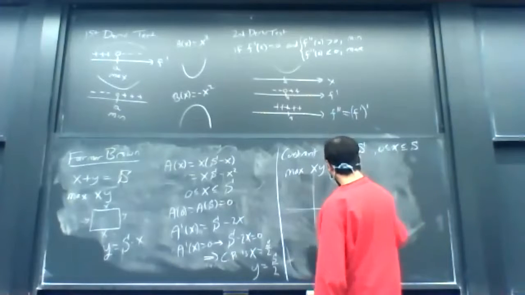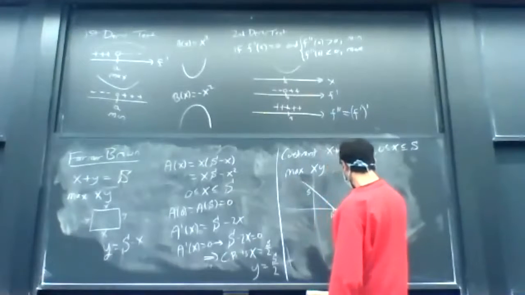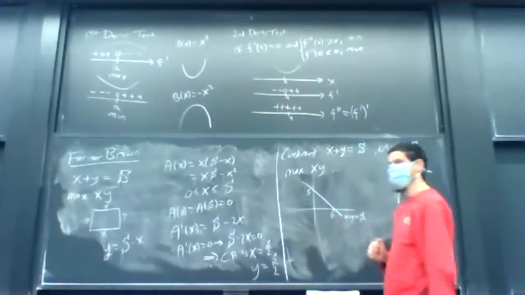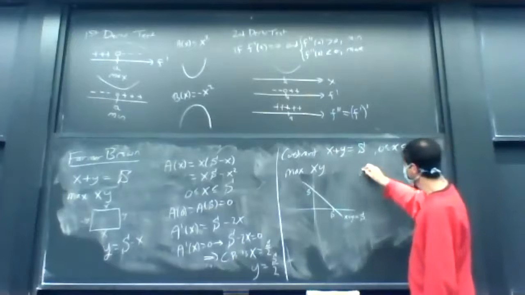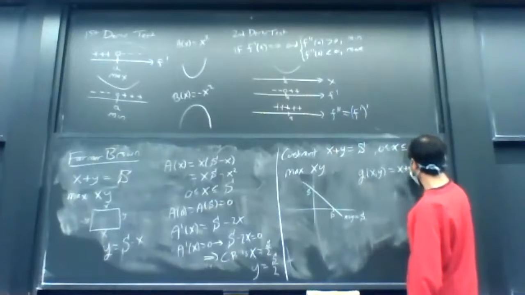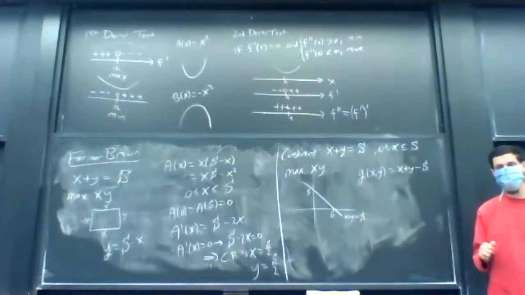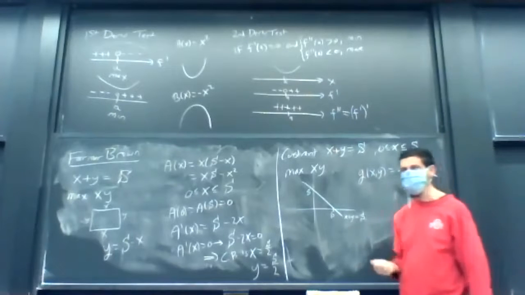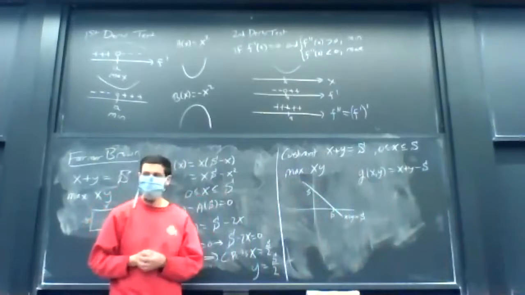So if I plot it like this, here is s, here is s, here is the line x plus y equals s. So I'm going to use g of x,y equals x plus y minus s. This is my constraint equation. All of the candidate points satisfy the constraint. I am forced to stay on the constraint.